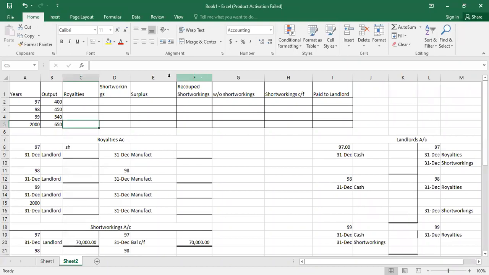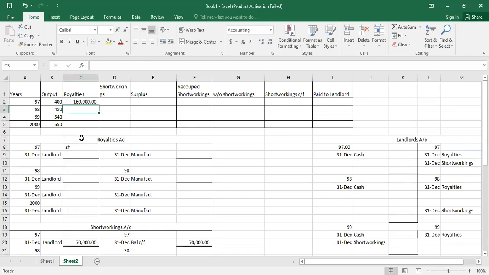So I've said our output has been given as 400, 450, 540, and 650. Our royalties will be 400 per unit, right? So the first one will give us 160.